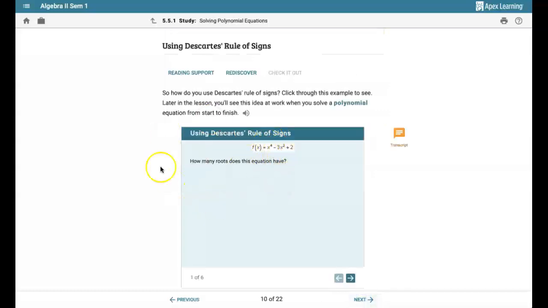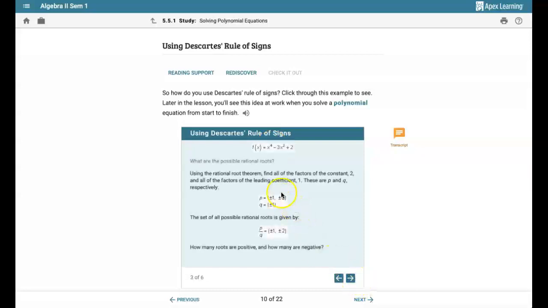All right, so I'll let you guys do this one here. I'll quickly walk you through it, but it has 4 potential roots. You would do p's over q's and figure out how many total roots we have. So we have potentially 4 roots here.